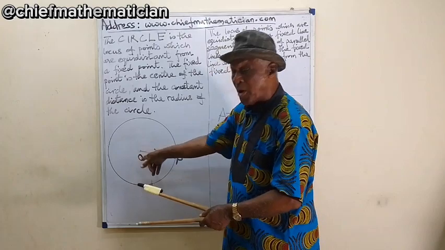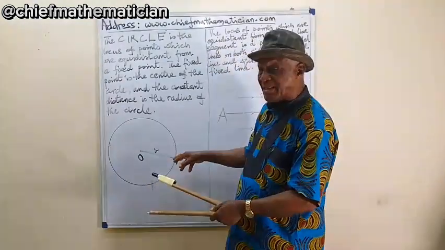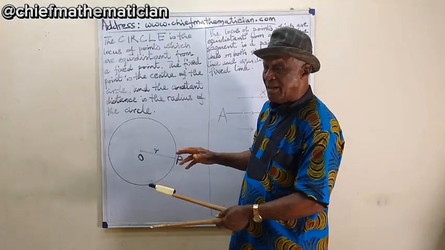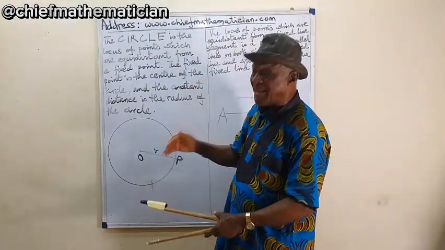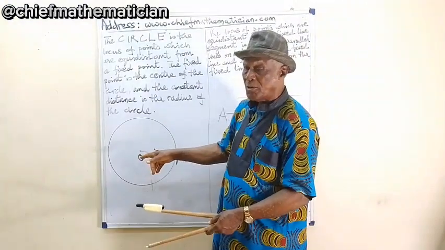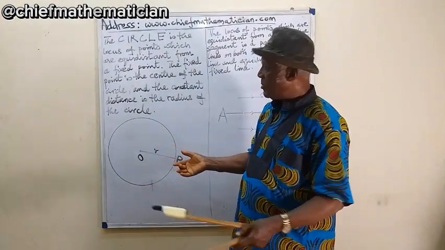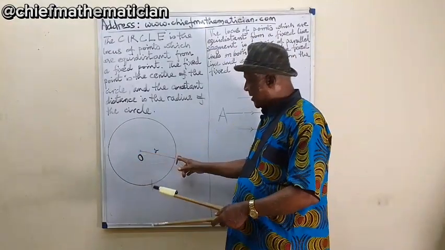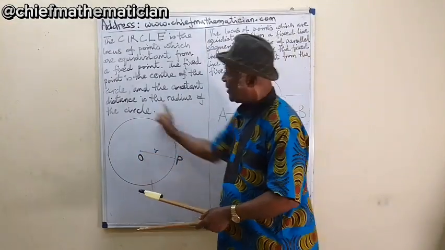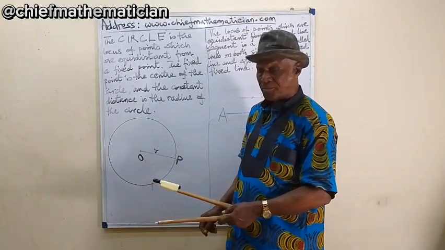O is the fixed point, P is a moving point, and the condition is that P has to be at a constant distance from O. The only way it can happen is for you to use O as center and OP as radius and describe a circle.